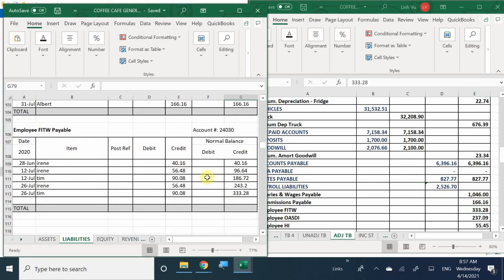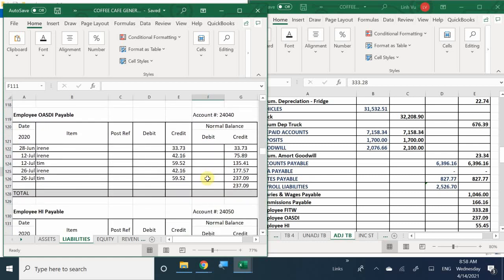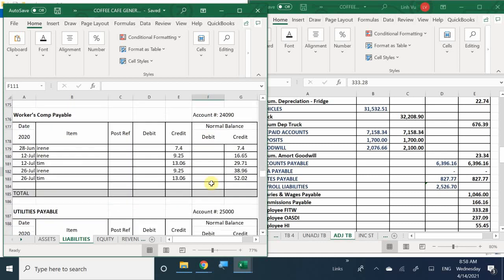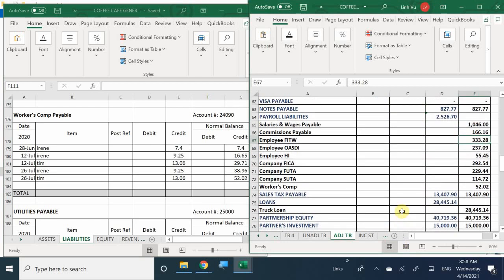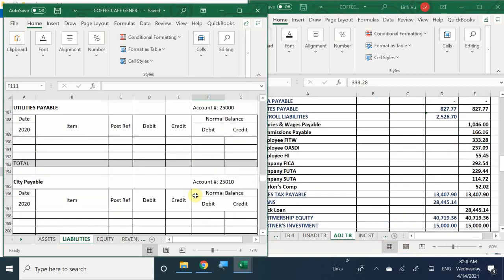My FITW, did that change? No. So all of these, right? We didn't calculate our paychecks yet, so these should actually all stay the same. Okay. All the way down to sales tax. Good. So city payable, right?